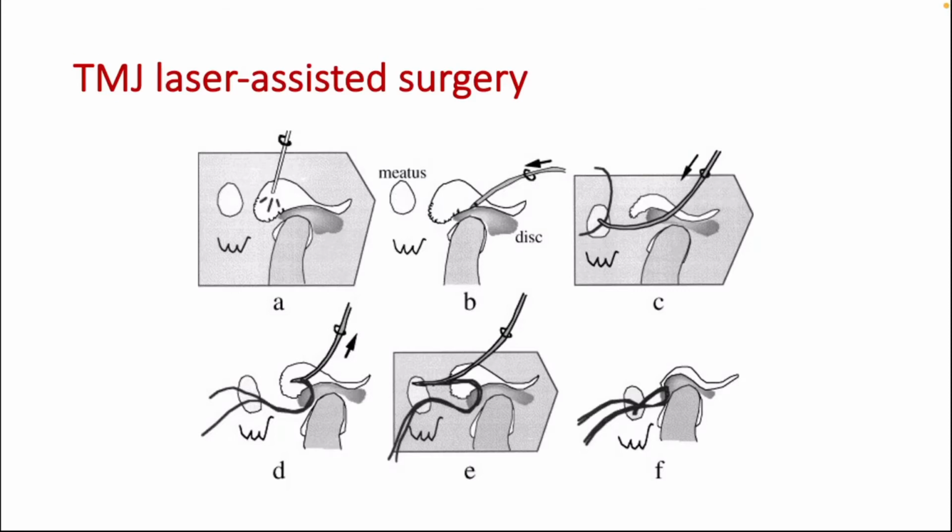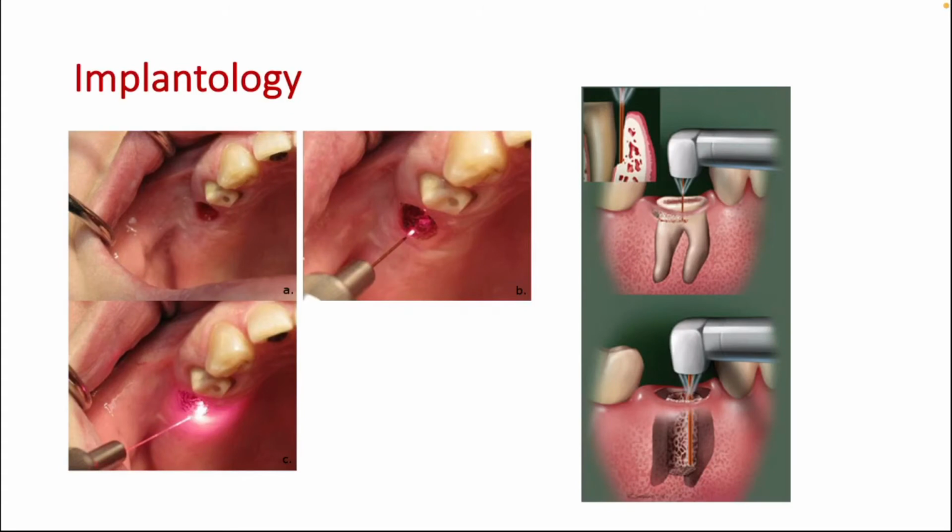Another specialty of dental surgery using lasers is implantology, where the most important indication of laser treatment is peri-implant mucogingival surgery, as well as decontamination of the implant, plus treating peri-implant bony defects and rehabilitating failing implants. That's it for implantology.